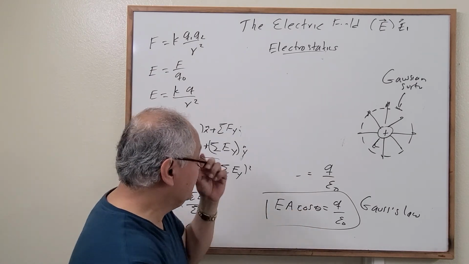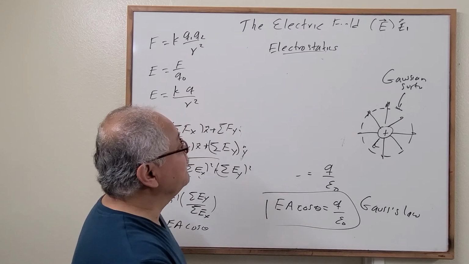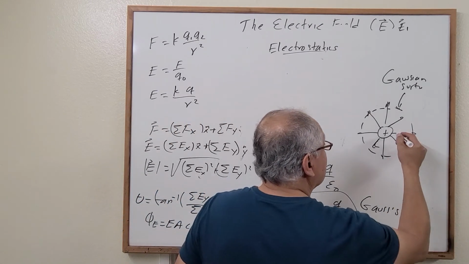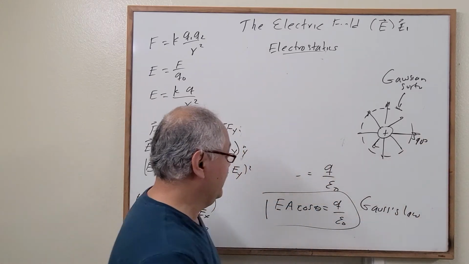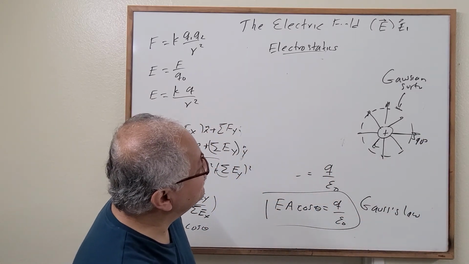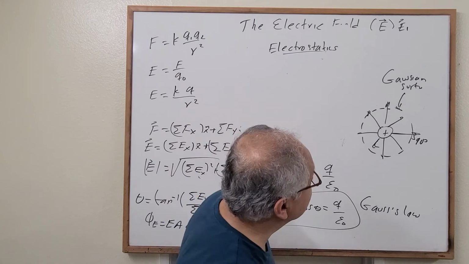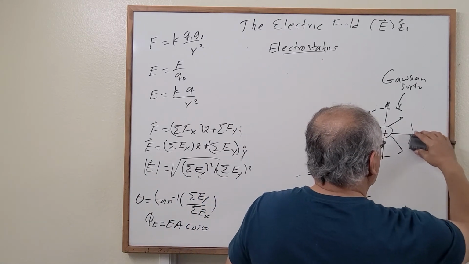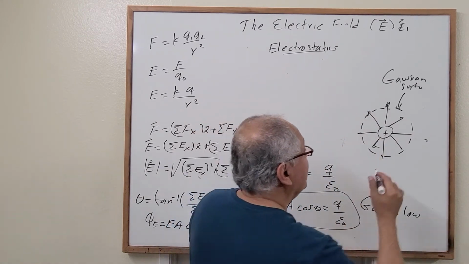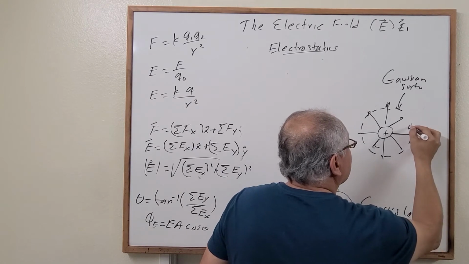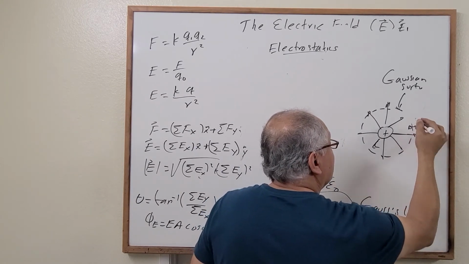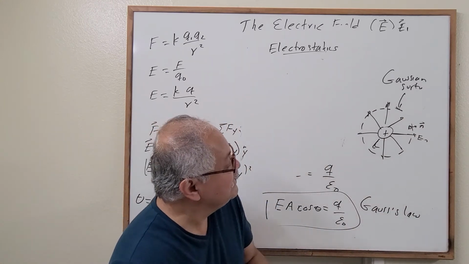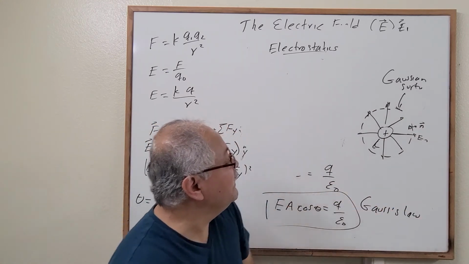Okay, for example, what do we have right here? Look, we can find the angle between the electric field and the surface. This is 90 degrees, correct? Is that the angle? No, it's not 90 degrees. Look, remember we take a surface right here, any surface. This is the direction of the surface and this is the direction of the electric field. This is the area, so they're parallel, correct?